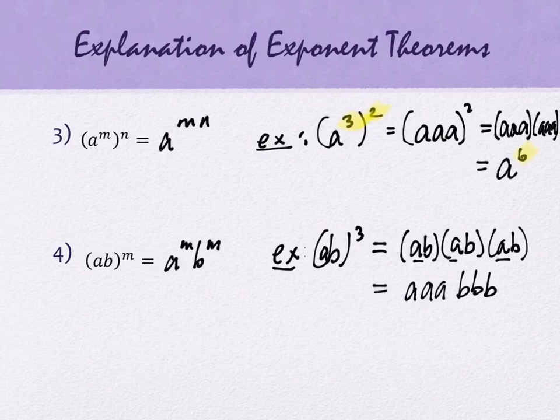What am I doing? I should be doing commutativity and associativity, right? So in some of those cases, I had to switch the order of the a and the b to get all the a's to the beginning, all the b's to the end. And I also had to regroup the pieces that were actually together. But of course, that gives me then a cubed, b cubed, as we expected.